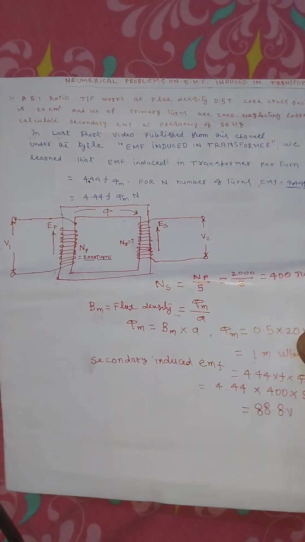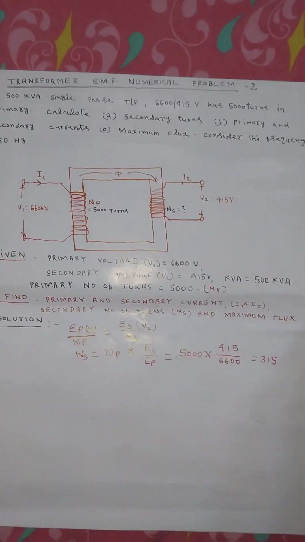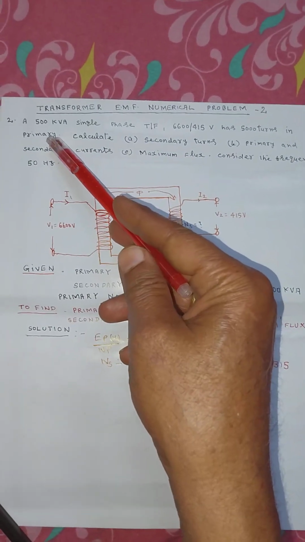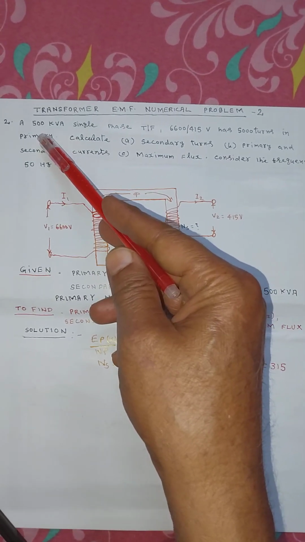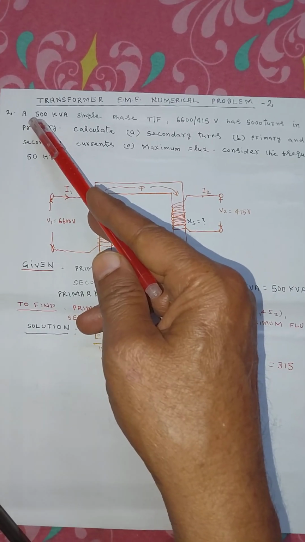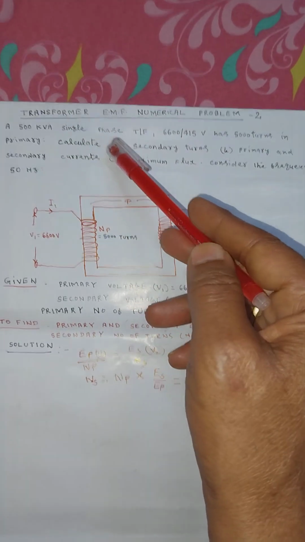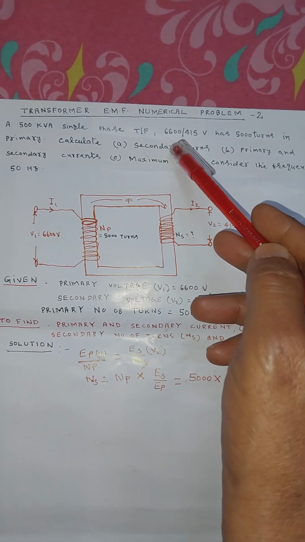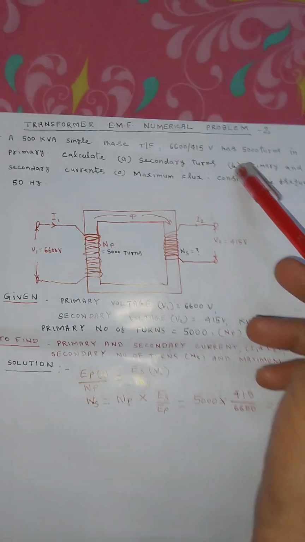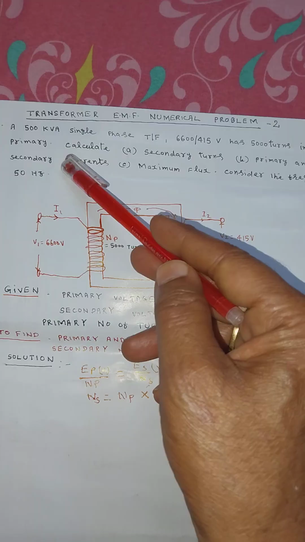In this video, we should consolidate our information from another video. The problem is from another numerical problem. The second problem from this channel: a 500 kVA single phase transformer, ratio 6600 by 415 volt, has 5000 turns in primary.